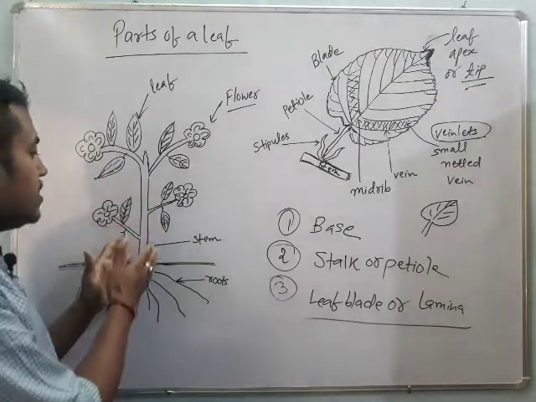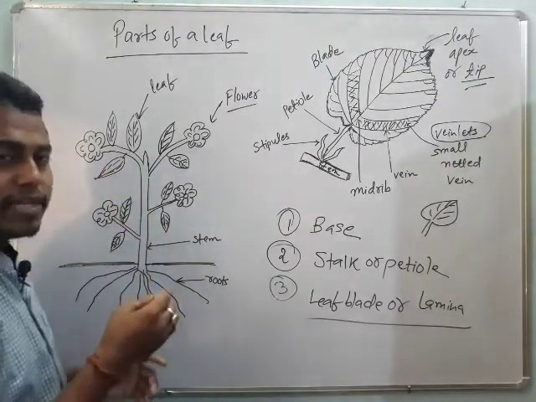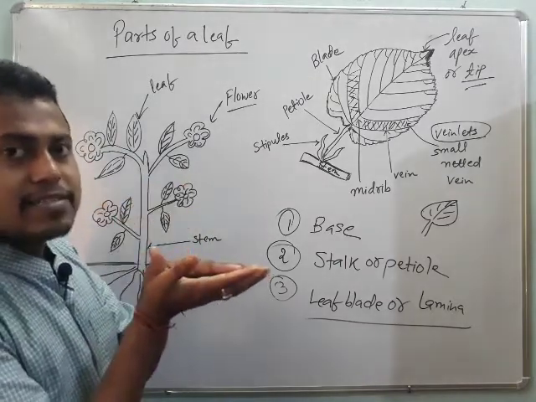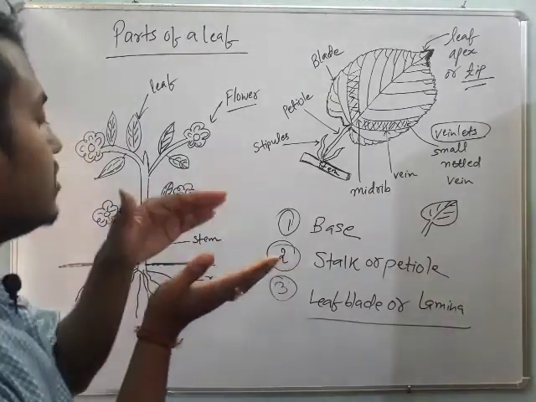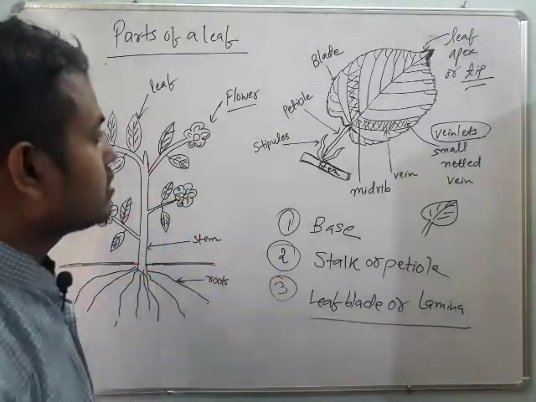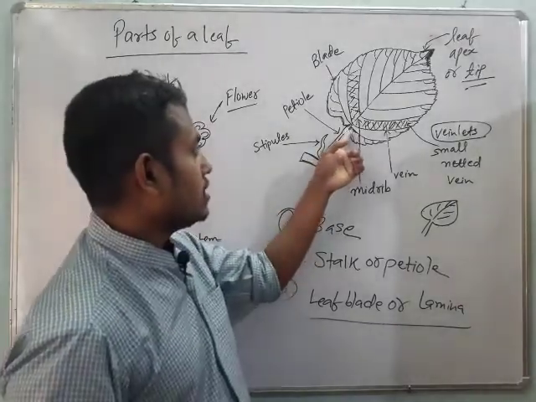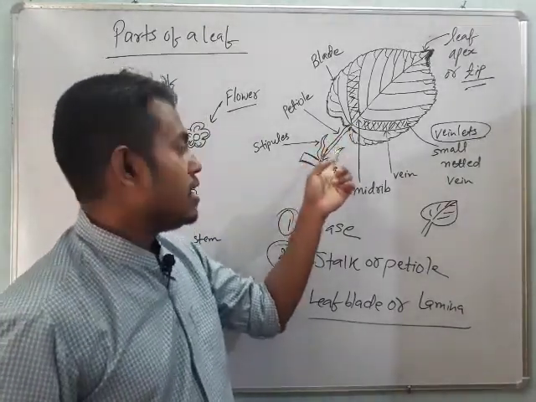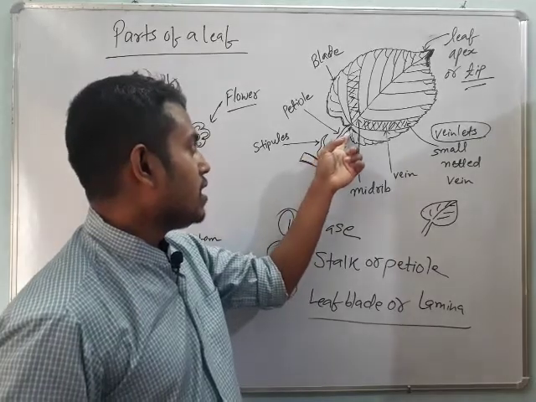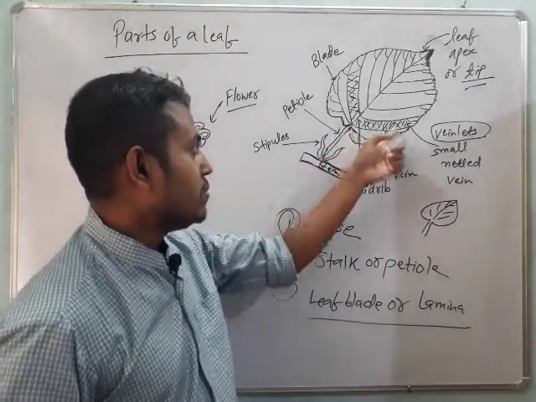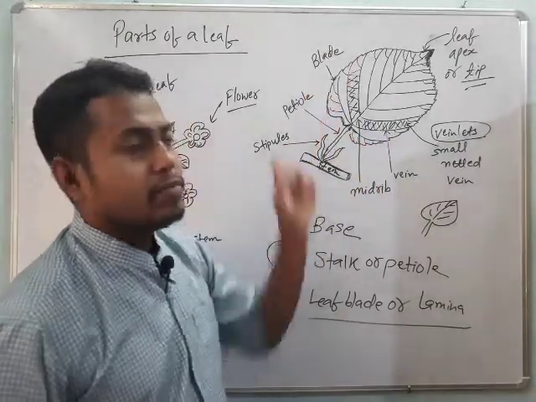This stem is the big, thicker one, and the short stem has thin structures. This part we call the stalk or petiole, and this petiole gets connected to the base of the lamina, or you can say the base of the blade.